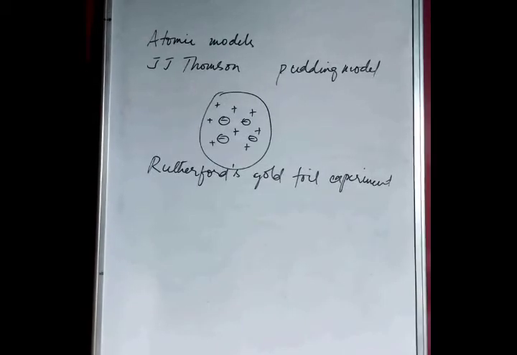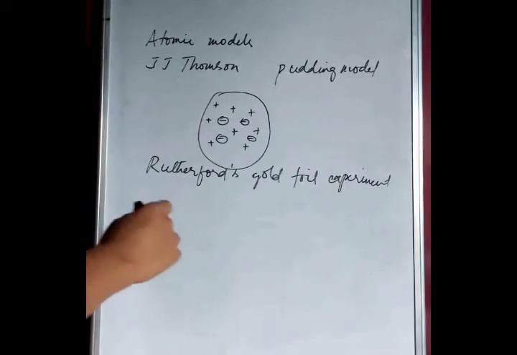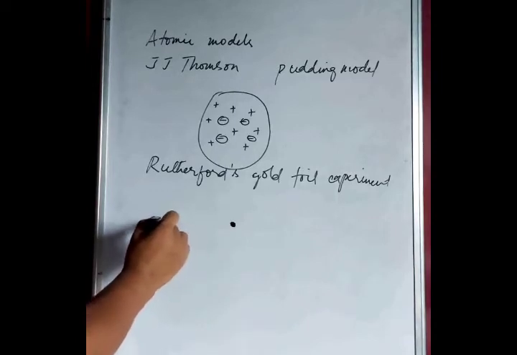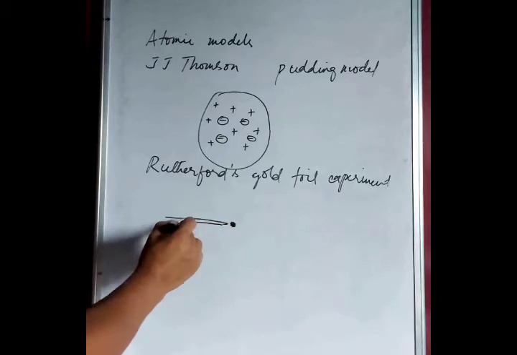Rutherford, in his gold foil experiment, found out that almost the maximum portion of the atom is empty, and there was a dense area, an area which is so concentrated, because the alpha rays that he used were reflected in the same direction.